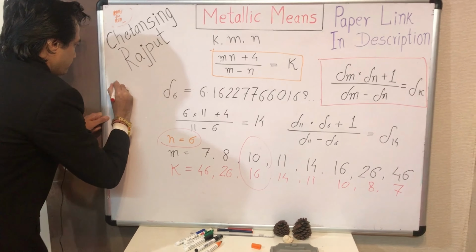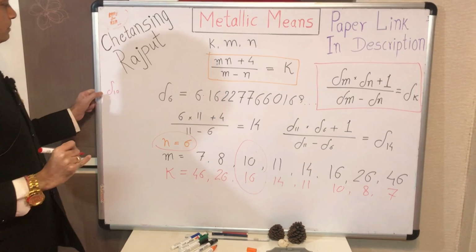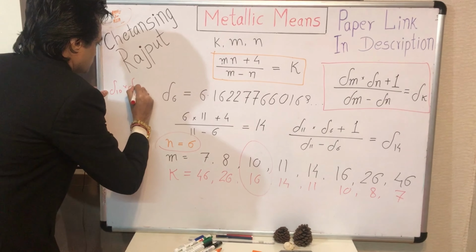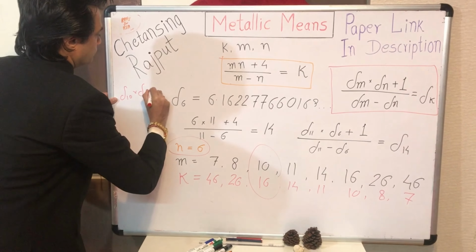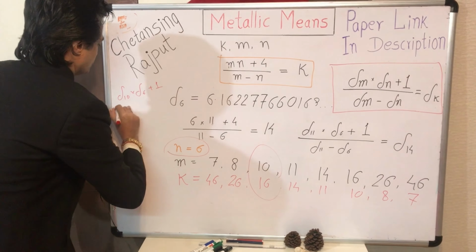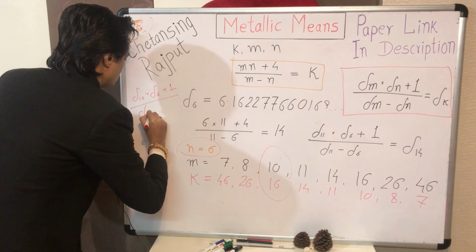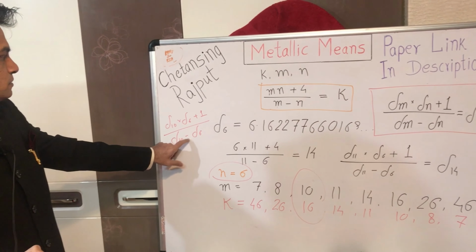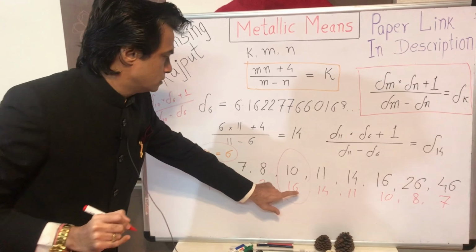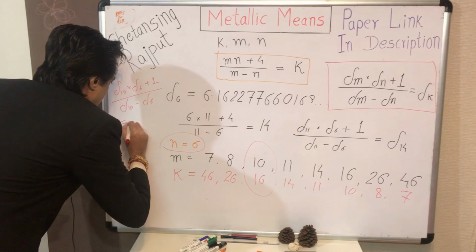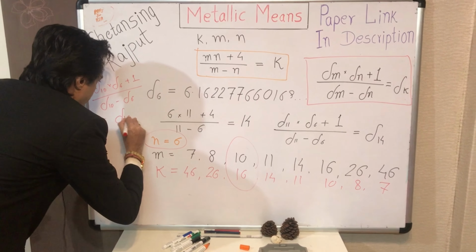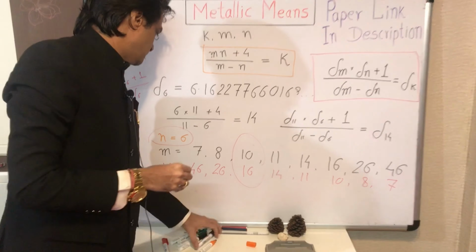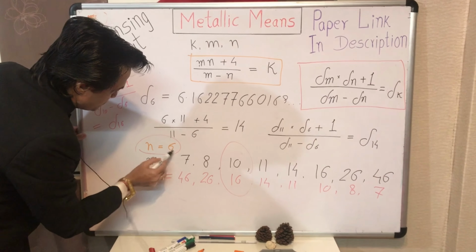Delta m, the 10th metallic ratio, into delta n, the 6th metallic ratio, plus 1, upon the difference between the 10th and 6th metallic ratios, is the precise value of the 16th metallic mean. k is 16 here.